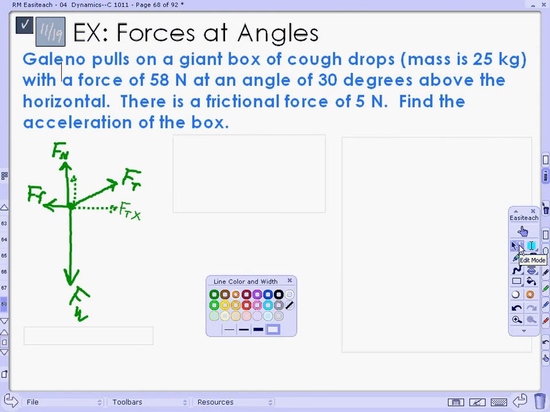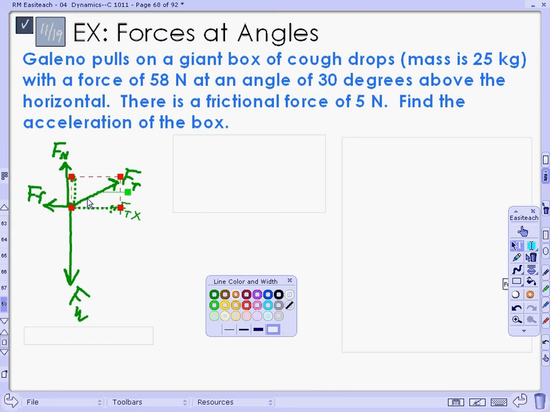I want to point out that the reason I've drawn these components in, those are very, very important to understand. What you really want to do is once you've drawn those components, you can kind of ignore the force that they came from.